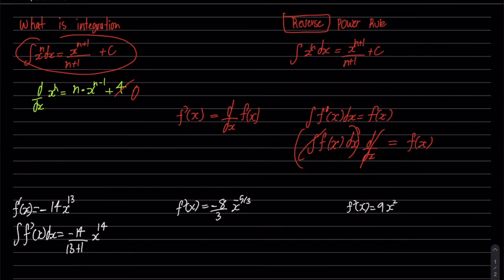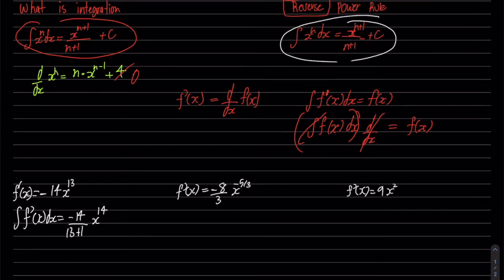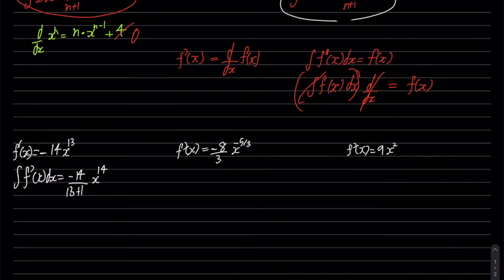We have it right here in our formula. Sorry about that. Fix this. There we go. So we have the pre-existing constant 14 over 13 plus 1 times x to the 14. So we could simplify this further, and we would just have negative x to the 14.